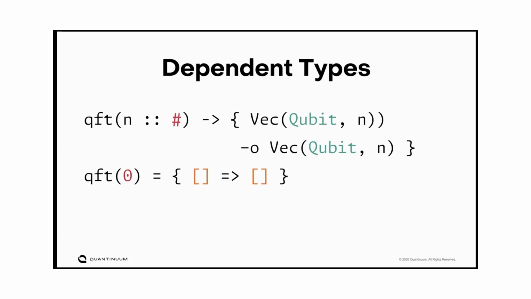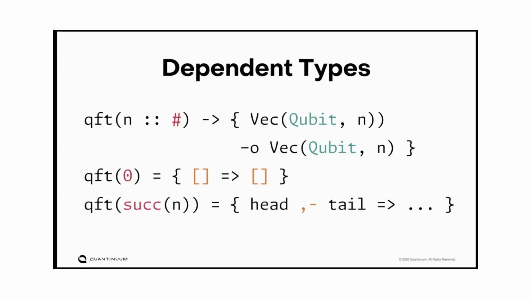So that's going to type check, and we know that this is infallible. And then similarly, if we match against the successor, so this basically means n plus 1, so something greater than 0, we know that the vector we get in needs to have at least size 1. So there's always a head and a tail.